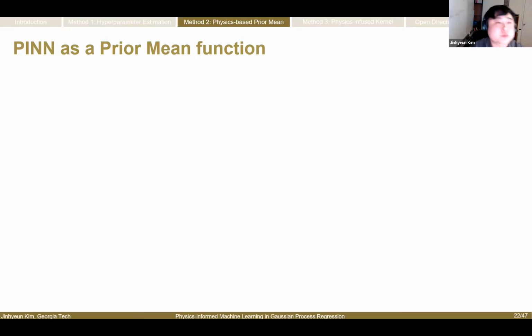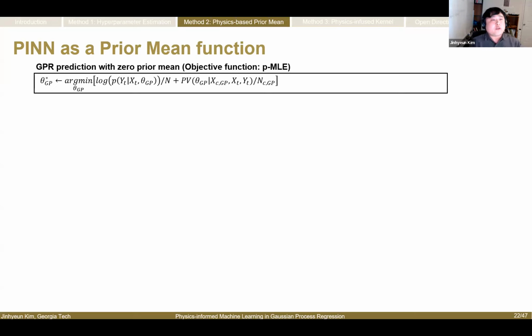We choose PINN as a prior function because it is exceptionally good, because of its over-parameterized feature, at optimizing the given objective function. We first do the GPR prediction with the geometric mean. Here we use the penalized MLE function introduced in method 1.